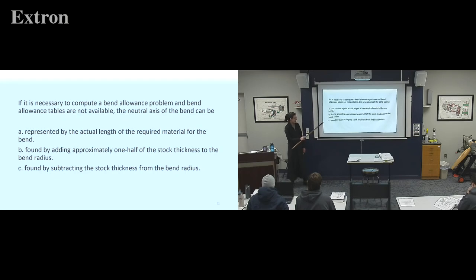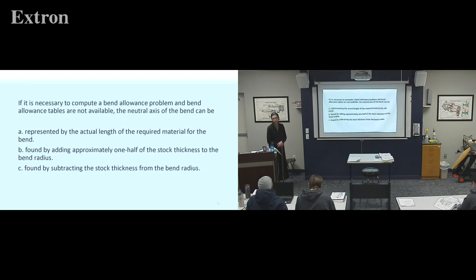The thickness of the material, approximately halfway, is the neutral axis. So, going back to the question, how you find it, Parker, what's the answer? It is Bravo. Found by adding approximately 1/2 of the stock thickness to the bend radius.